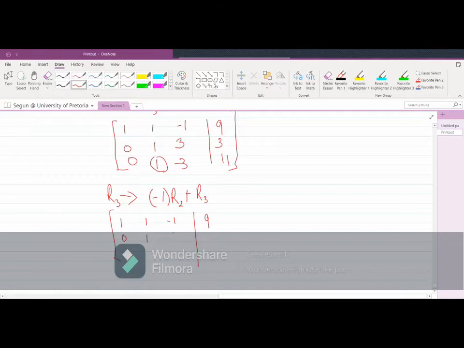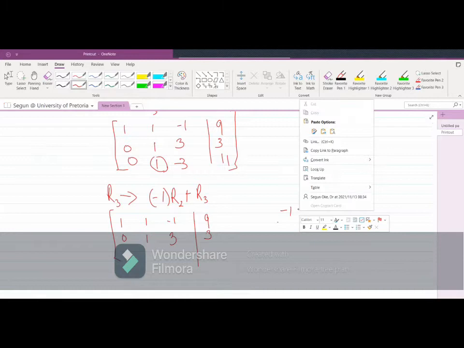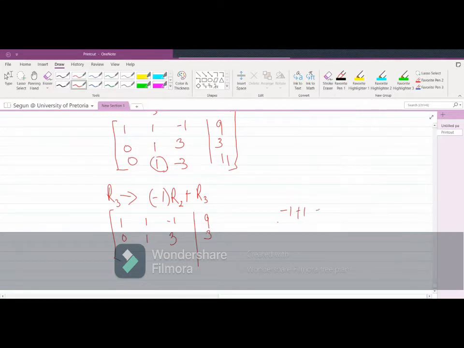Okay, let's continue. Now, let's look at the operation. It's going to be minus 1 plus what? 0. So the next thing will be minus 3 plus minus 3 equals what?